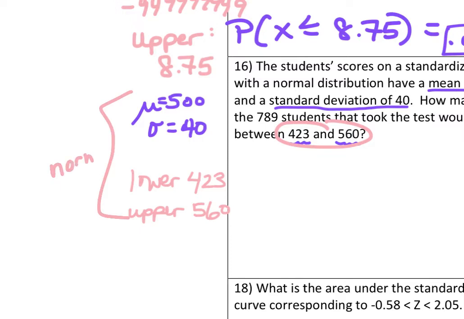Remember that that's normal CDF. Second VARS, I guess I'm doing this all backwards, but you press second VARS and then it's number 2 and then the normal CDF, and you want to give the lower is 423, upper 560, the mean is 500, and the standard deviation is 40.